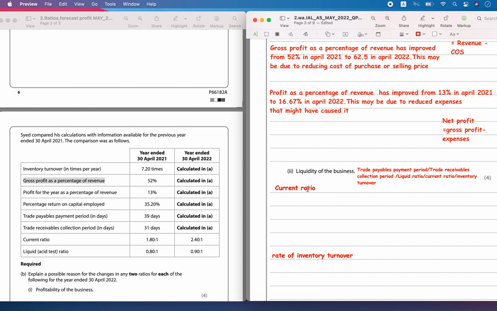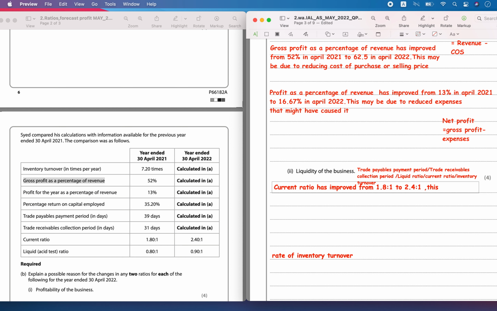So this has improved. We can see that the current ratio has improved from 1.8 to 1 to 2.4 to 1. Why do you think this might have happened?